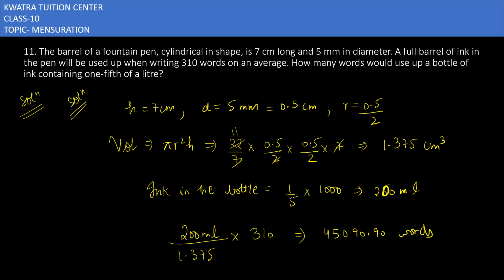And if you want to write approximate, if you want to write the nearest 200, it will be 45,100 words. That's it. So yes, this is the answer for the 11th one. 45,100 words can be written using the ink we have.